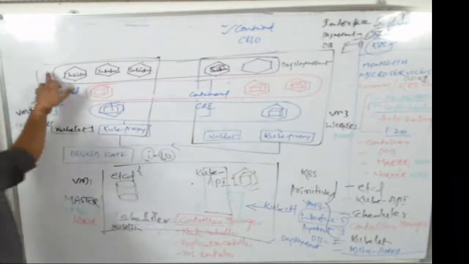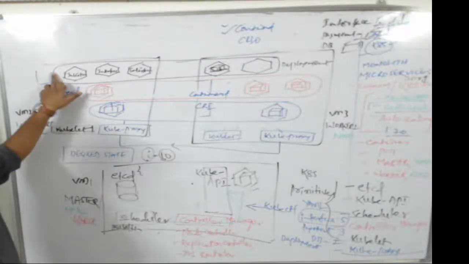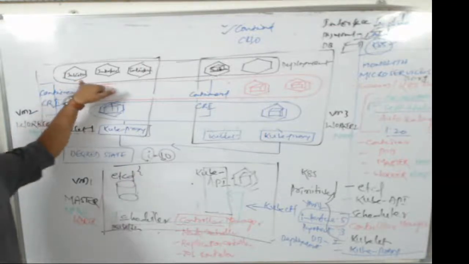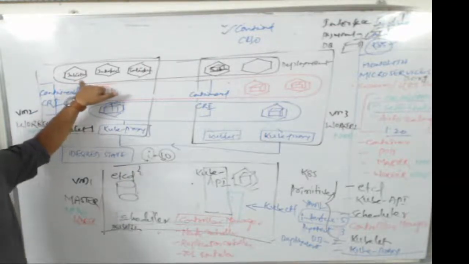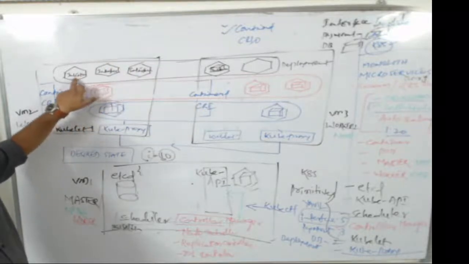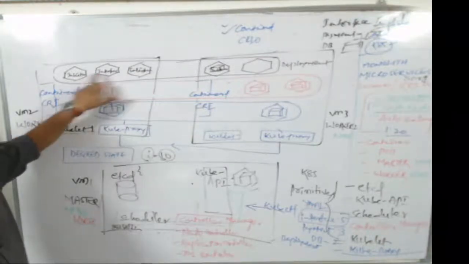Now the deployment is logical in nature, not physical. What it means is, even pod is logical. When you do a ps here, you won't see any of these things. You will only see the containers, because you can do a docker ps -a and you can see the containers.